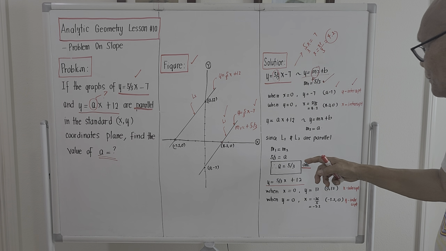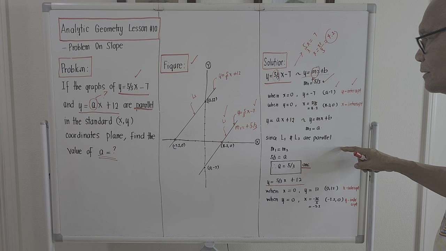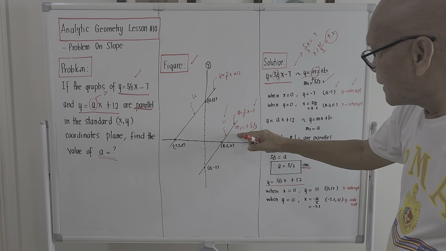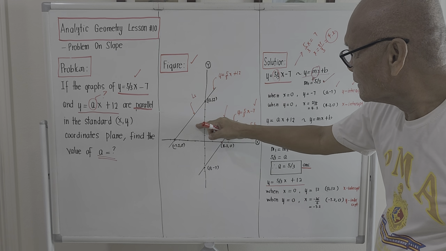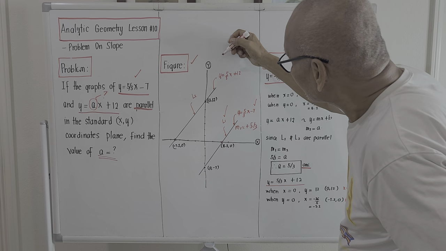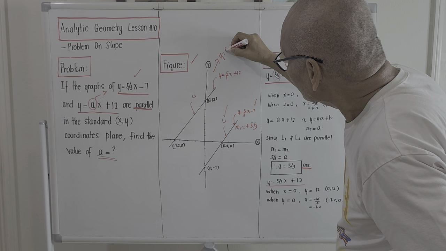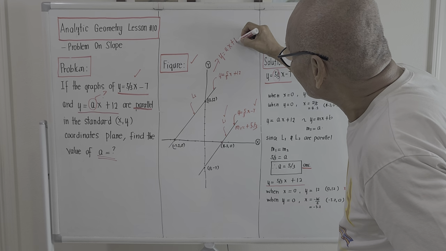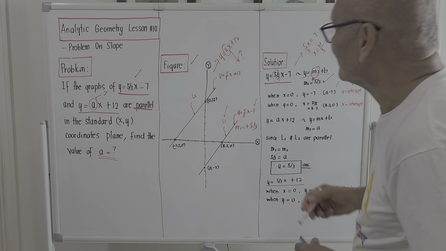I place it here. Since line number 1 and line number 2 are parallel, line number 1, which is given by this equation, should be parallel with this one. Originally the equation of this one is, where we do not know the value of a, y is equal to ax plus 12. That's why we are to look for the value of a.